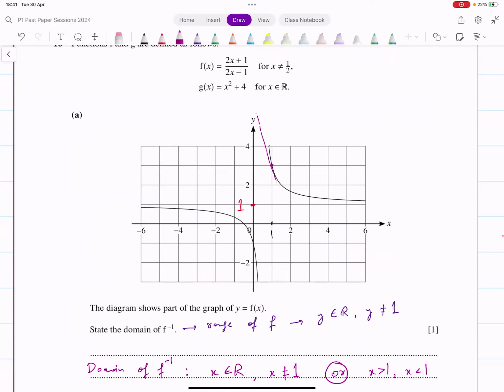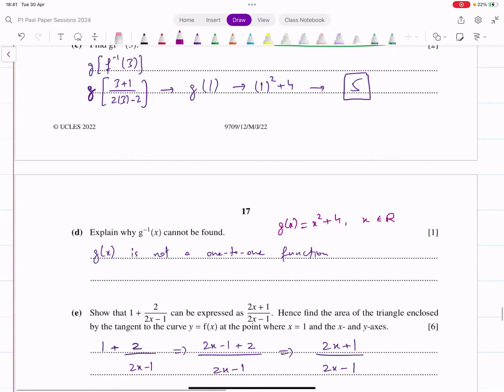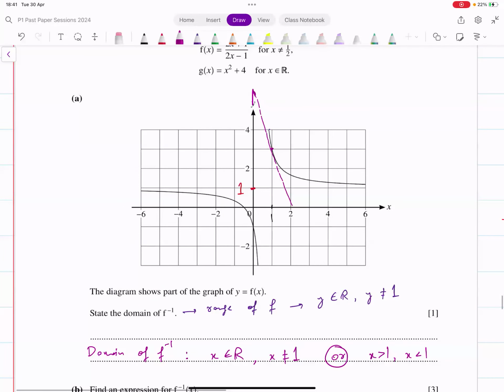The tangent will look like this. Triangle enclosed by the tangent to the curve and the x and y axes. So this is what the triangle becomes. We need to find the area of this triangle.